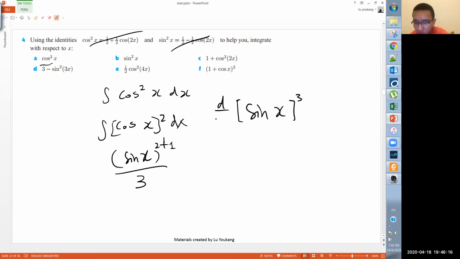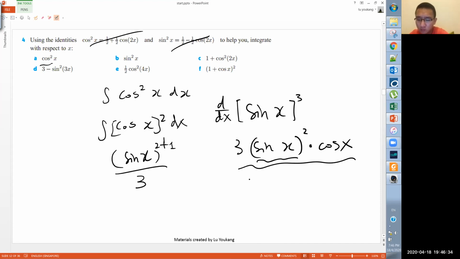Let's differentiate this. You bring down the power, and then power minus 1. Then you have to differentiate sine x, and when you differentiate sine x you get cosine x. So you end up with 3 sine square x and cosine x.